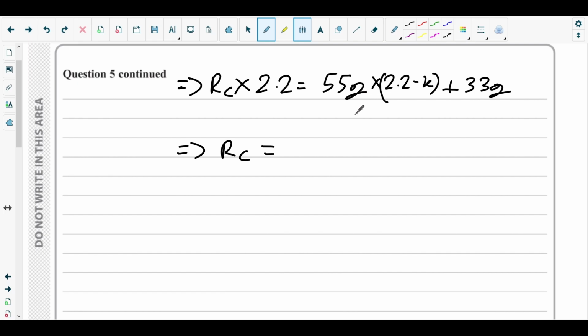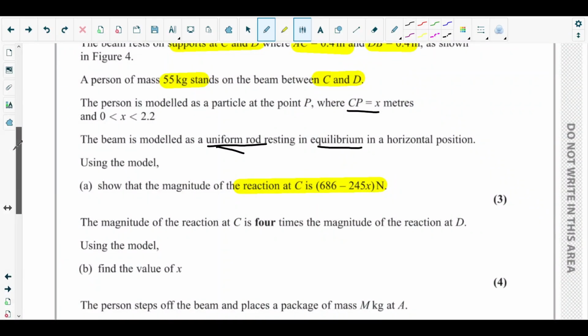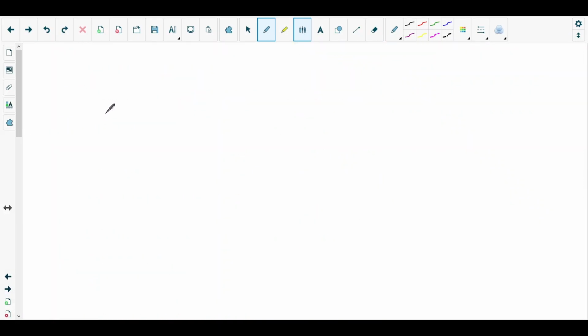So 55 times 2.2, what would be the value? Let's have a look at it, that will let us understand better. 686 minus 245x.